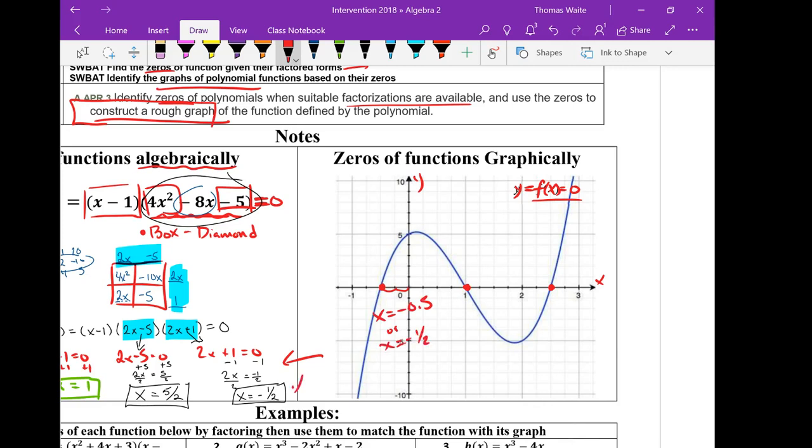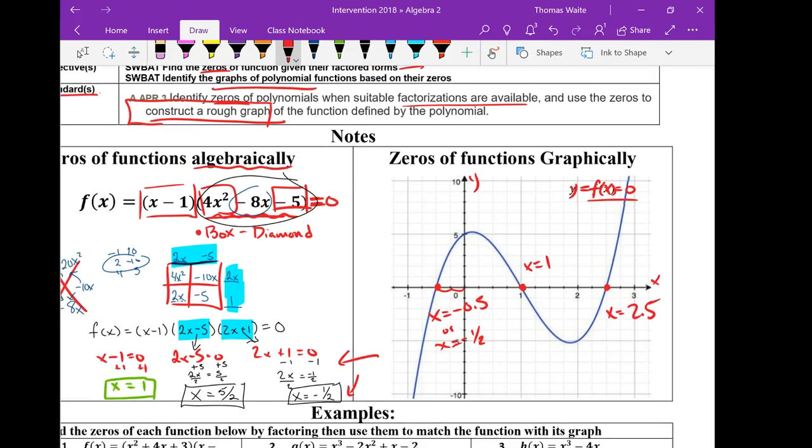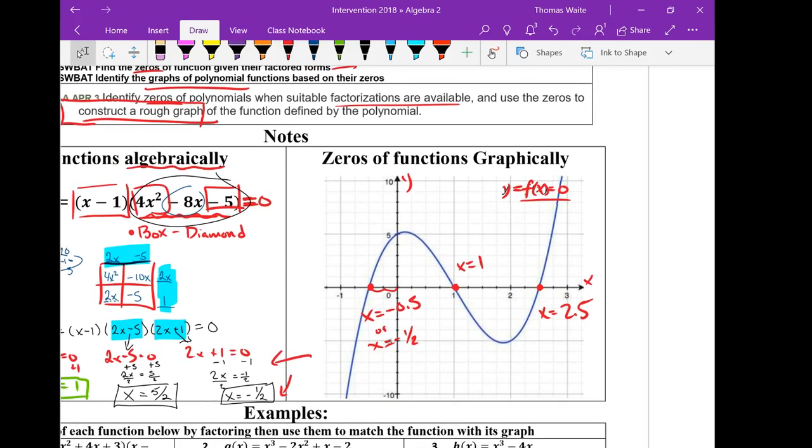And yep, sure enough, that's one of the zeros we got on the left side. For the second one, that's right at x equals 1. And the last one is right at x equals 2.5. So really what we're doing in this lesson is connecting our factored forms to the zeros on our graph, and those correspond to the x-intercepts, or the places where our y value is equal to 0.